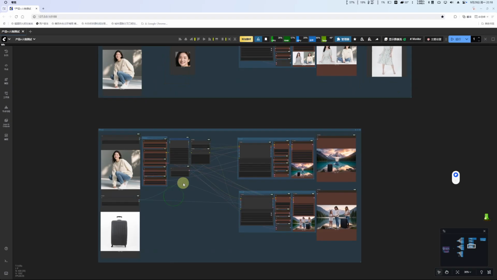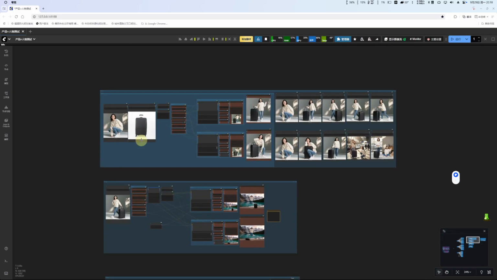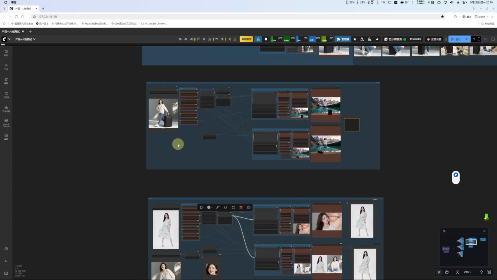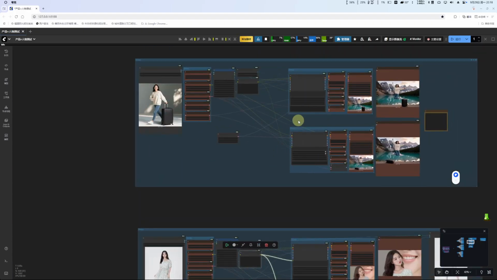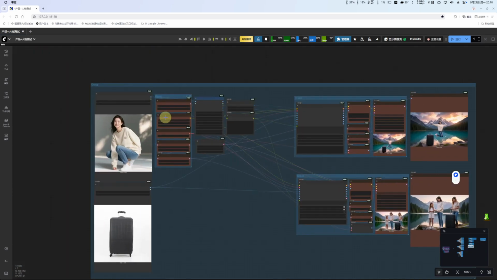The following is a complex task where we carry out multi-graph complex editing and multi-graph reference. Because what we did above were edits of a single image. This is a complex task with a single graph, and this is multi-graph plus complex task processing.